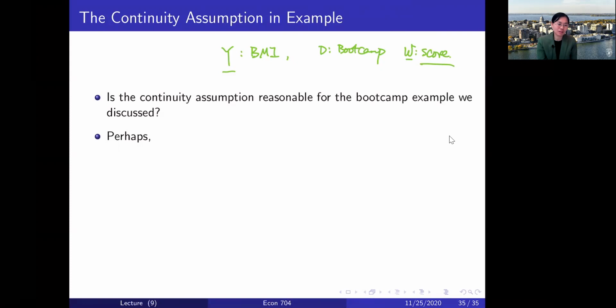And maybe your innate habit of whether you like to exercise or not, suppose that is not affected by the score, or maybe it was affected by the score, but in a continuous way, then the continuity assumption is still satisfied. But you can also imagine some story in which the continuity assumption is not satisfied.